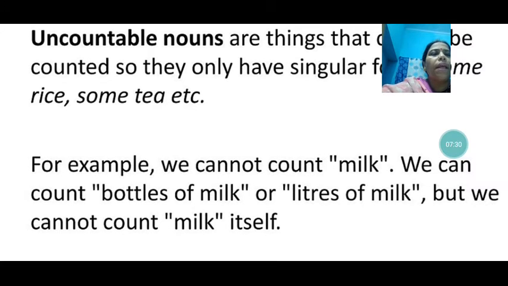Okay, we can count bottles of milk or liters of milk, but we cannot count milk itself. So milk cannot be counted, but the container in which they are kept, they can be counted. Okay, so those are countable nouns, but the milk itself is uncountable.